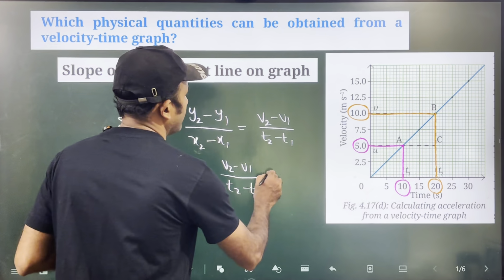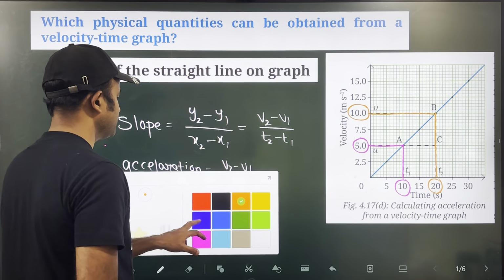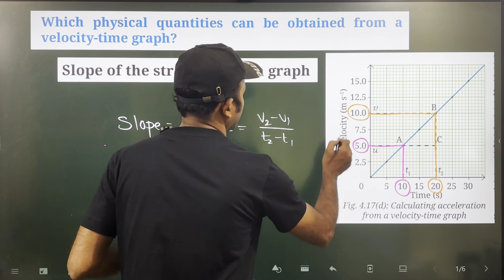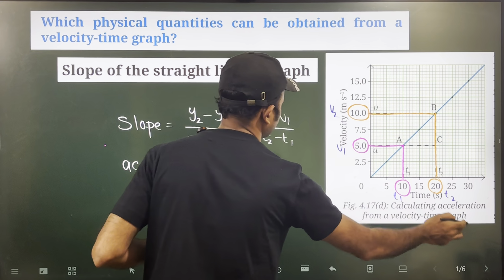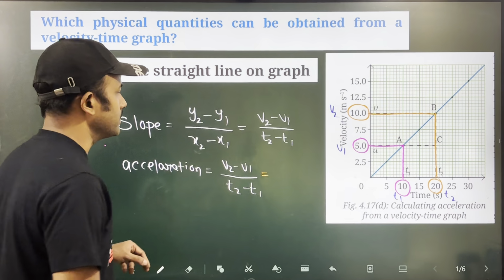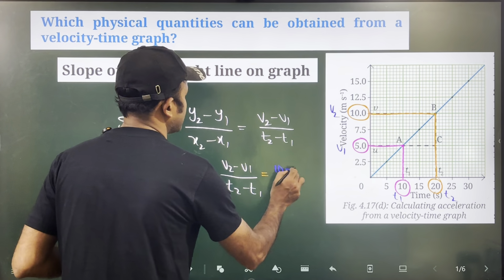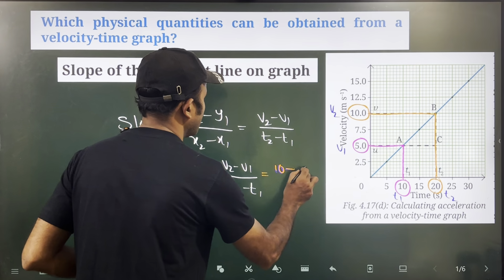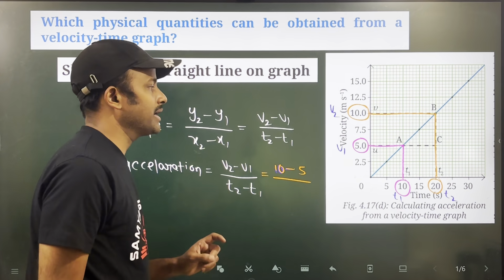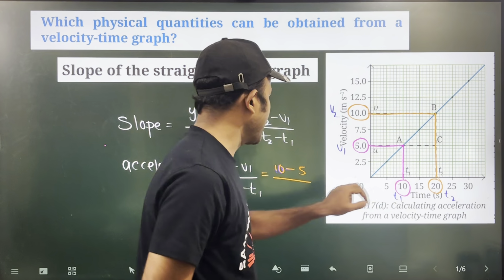Now let us say this is v1, and this is v2, and this is t1, and this is t2. So v2 minus v1, what will you get here? v2 minus v1 is 10 minus 5, by t2 minus t1, which is 20 minus 10.